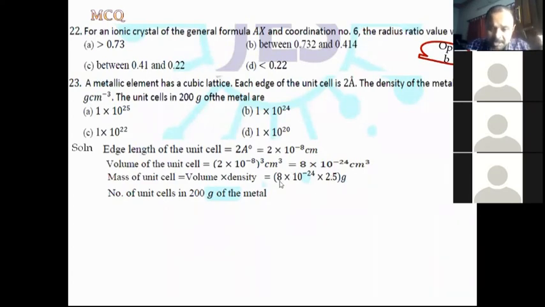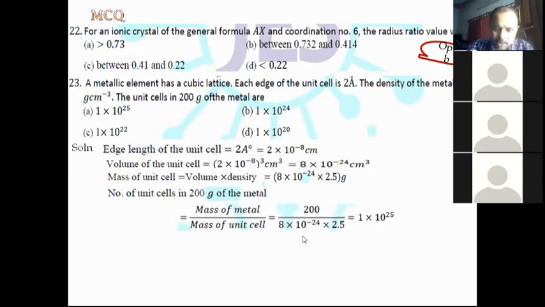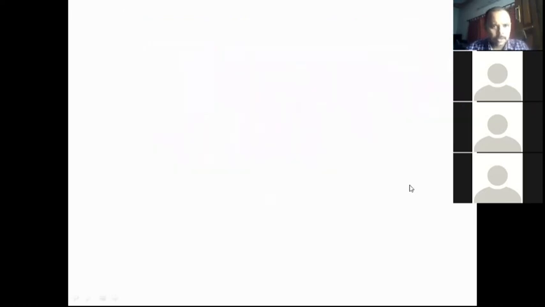That means in this mass, there is 1 unit cell. So how many unit cells are there in 200 gram is a simple arithmetic calculation. Mass of 1 unit cell is 8 into 10 raised to minus 24 into 2.5. That gives the mass of 1 unit cell in the denominator. Into 200 would give 1 into 10 raised to 25. So option A. Most of you have given the correct option. Very good. We'll take it further. Next, come on.